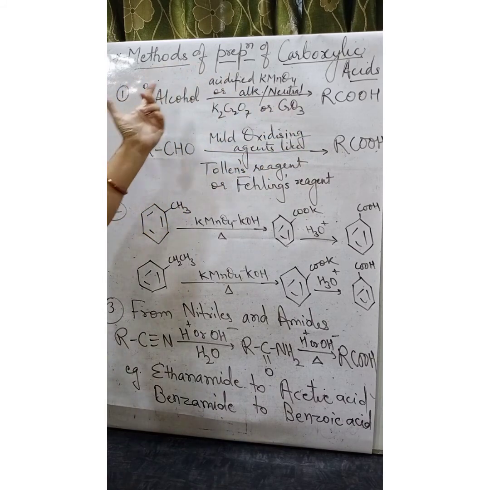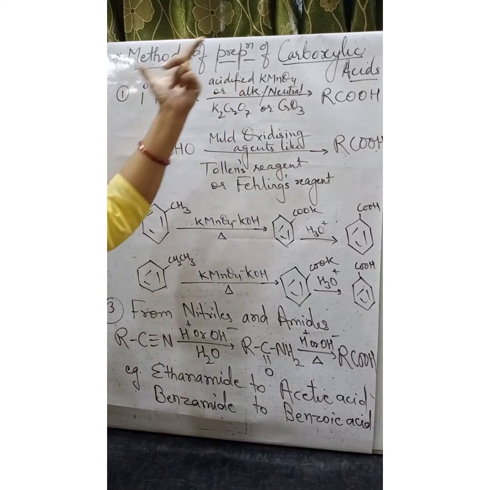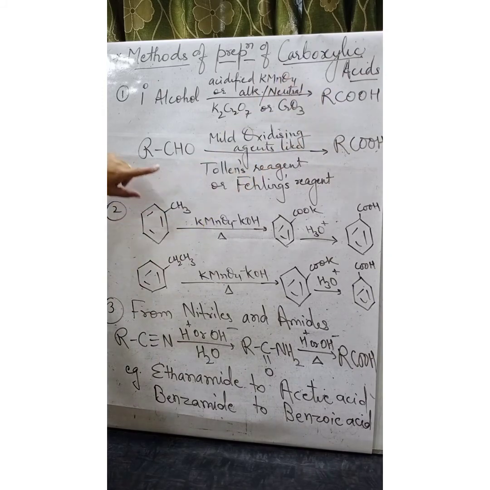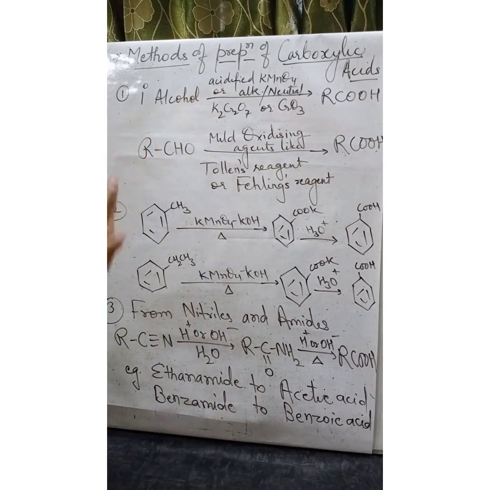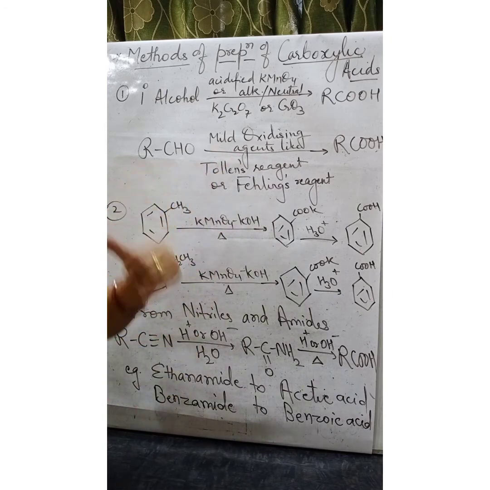So in presence of these strong oxidizing agents, alcohol gets directly converted into carboxylic acid. Aldehydes can also be converted into carboxylic acid using mild oxidizing agents like Tollens reagent, Fehling's reagent, etc.